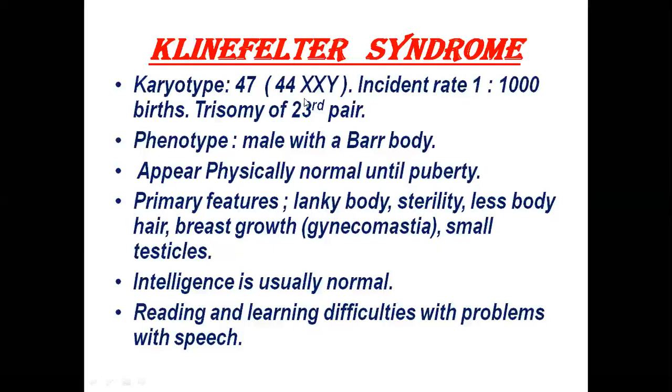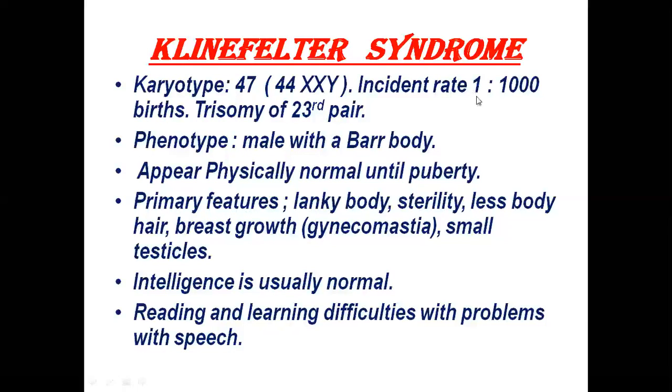So they have 44 chromosomes, that is 22 pairs of autosomes, which are normal, but when it comes to the sex chromosomes, there is an extra chromosome here, as we can see, and that is XXY.